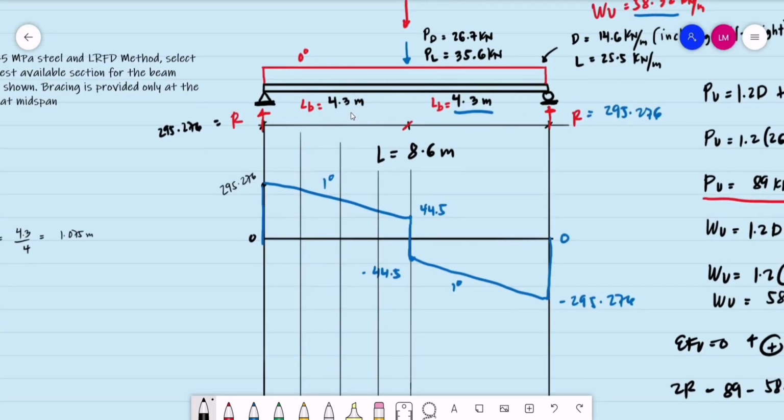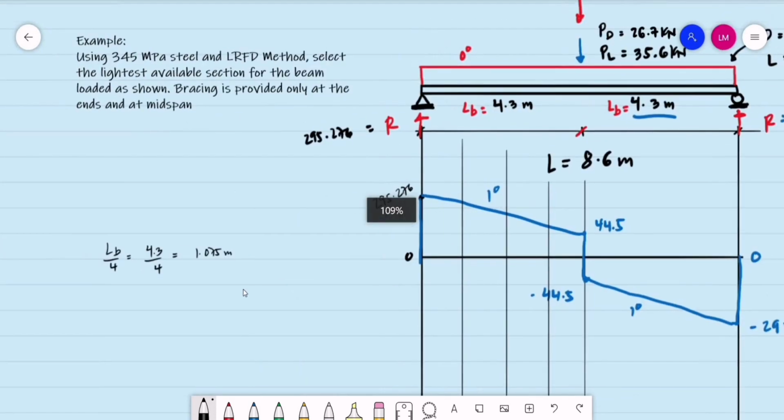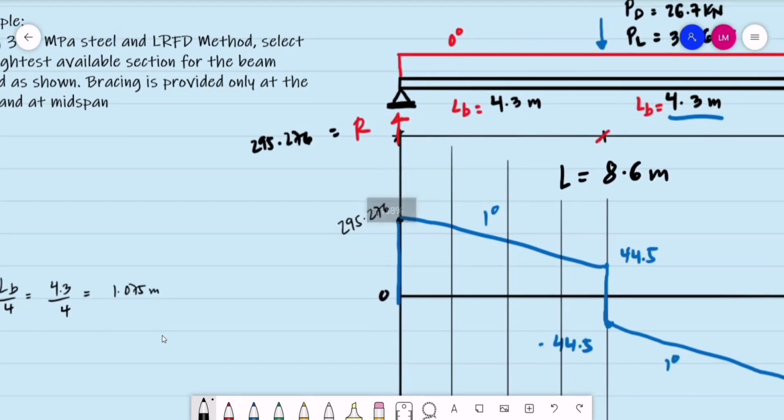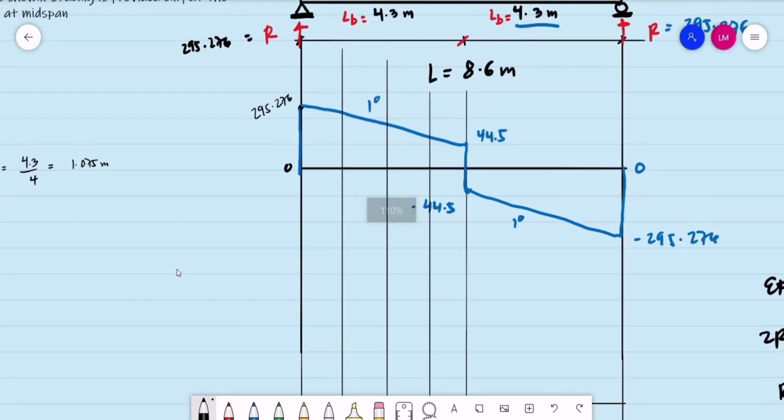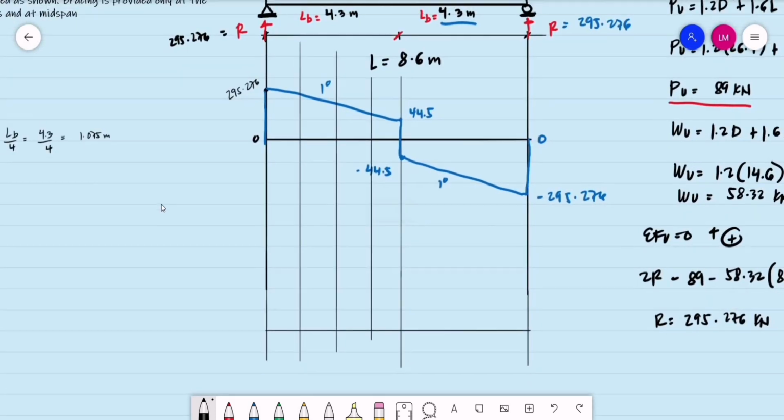So our unbraced length is 4.3 meters, divided by 4 is 1.075. So how do we determine the moment at each point?